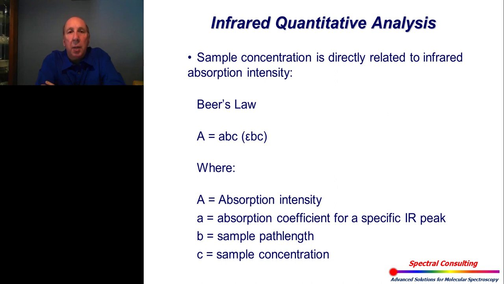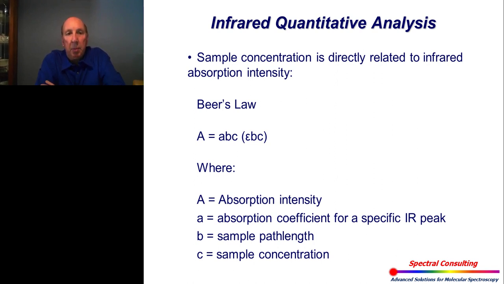Beer's law describes the ability to do an analysis of concentration, because sample concentration is directly related to the infrared absorption intensity. The capital A is the absorption intensity, the value of either peak height or peak area, equal to the absorption coefficient for a specific infrared peak in a specific sample, the sample path length, how long or thick the sample is, and the concentration.